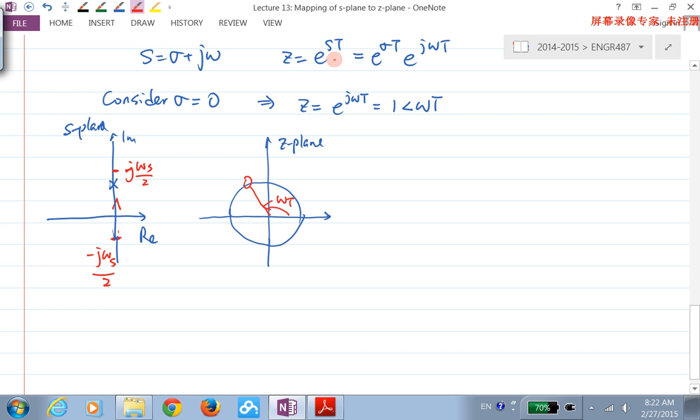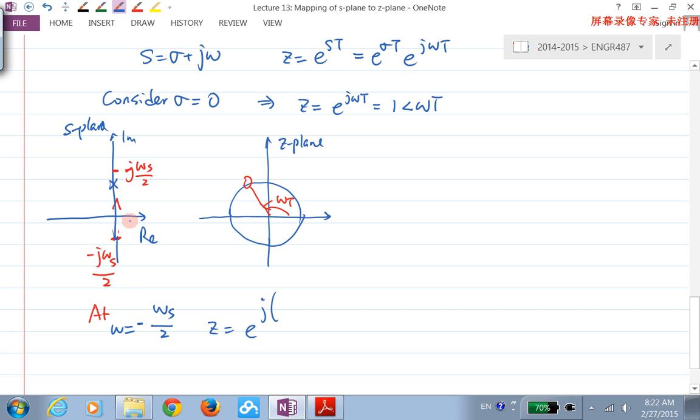When omega equals negative omega s over 2, where does z map? z equals, it's still magnitude 1, e to the power of j times this whole chunk, where omega equals negative omega s over 2.